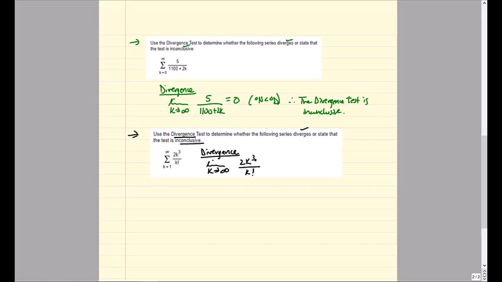Now, taking this limit isn't as obvious as you might think because I can't really compare the power in the numerator and the denominator very easily. So let's think about it like this. If this was 2k cubed and this is k factorial, that would be k times k minus 1, k minus 2, k minus 3, all the way down to 3 times 2 times 1.